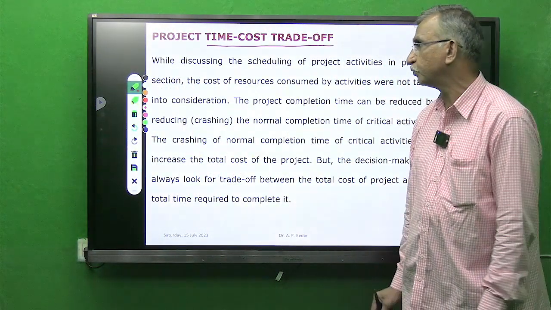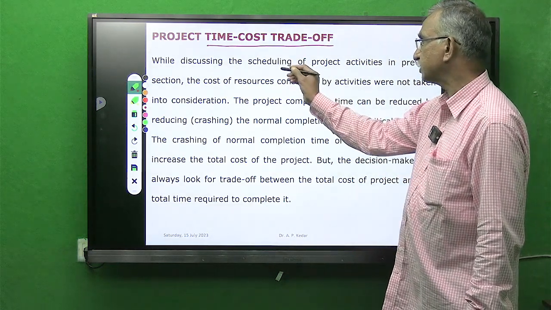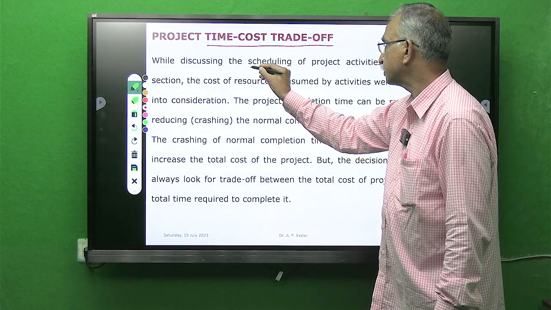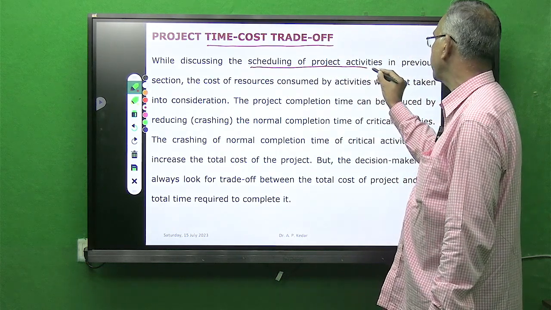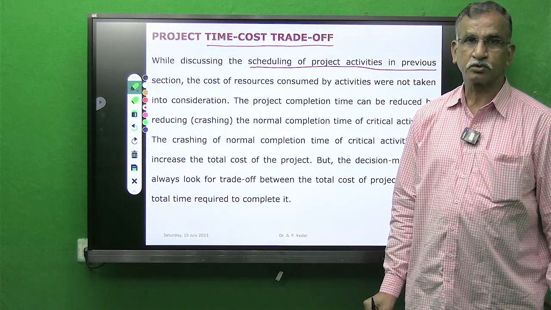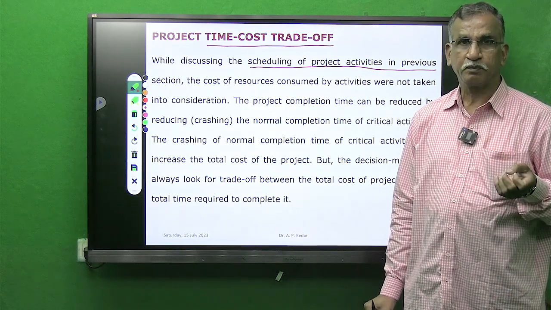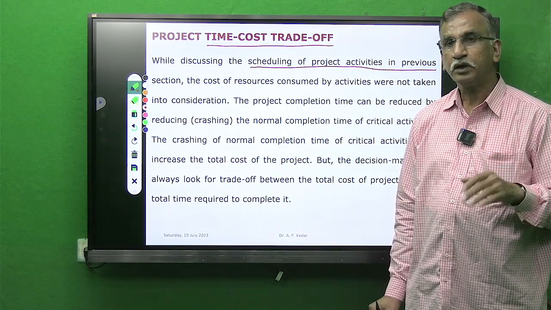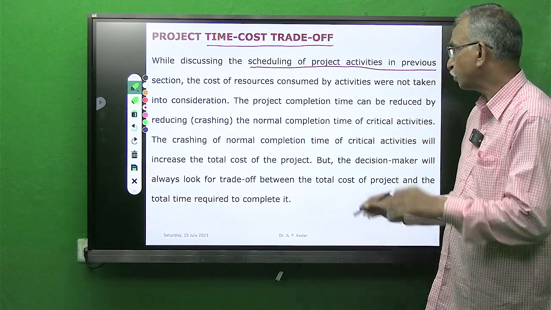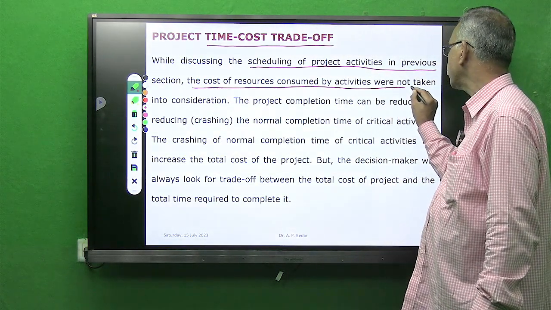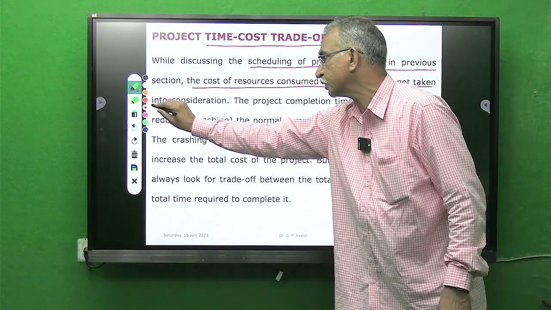Now, as you can read here, this is the sentence given to you for understanding while discussing the scheduling of project activities in the previous section. We have seen in PERT and CPM that we schedule the activities in precedence order, that is A greater than B, B greater than C, like that, and based on that we draw the network. The cost of resources consumed by activities was not taken into consideration.